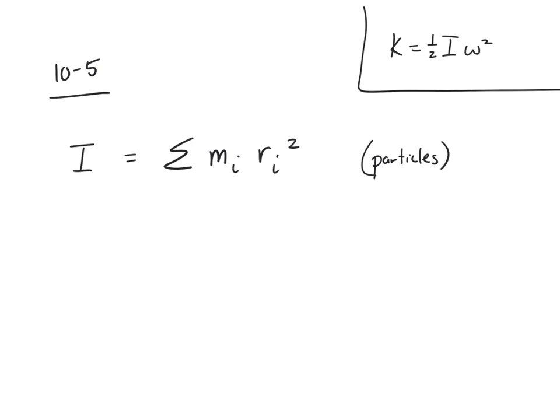Okay. So that's the general formula that we start with when it's particles. But when it's not particles, the formula for I becomes an integral. And we integrate r squared dm. Now, r is the distance from the rotating axis, and that hasn't changed at all from here to here.